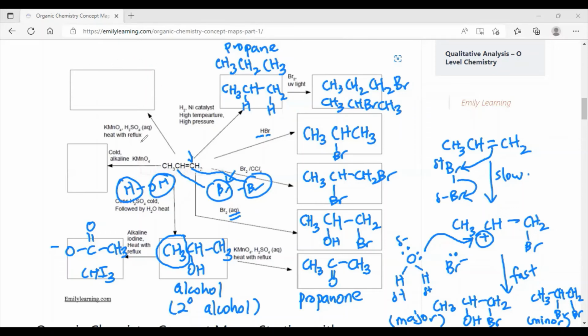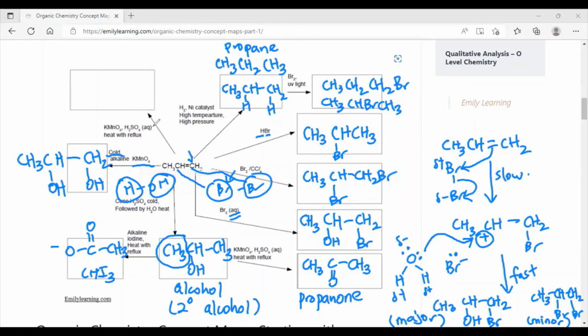Let's start off with this. First, you have cold alkaline KMnO4. Whenever you see cold and KMnO4, this is a mild oxidation. You'll form a diol. The C=C double bond breaks, and you will replace the bond that is broken with OH. So you form this diol here.